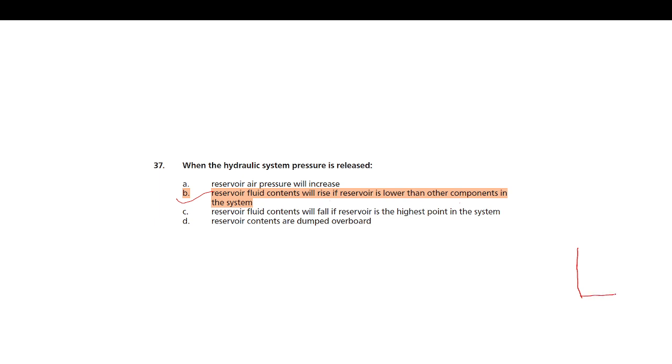See, here is a hydraulic reservoir check system. When the hydraulic system is pressurized, the reservoir fluid will rise. It rises. So B is the correct answer.